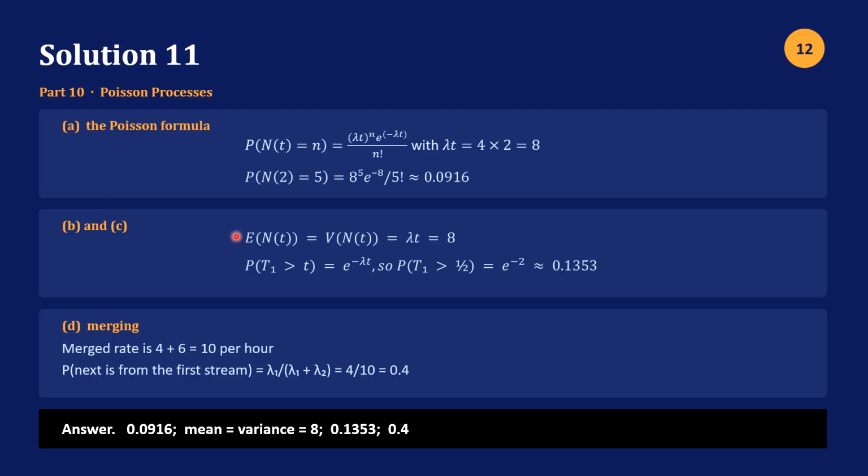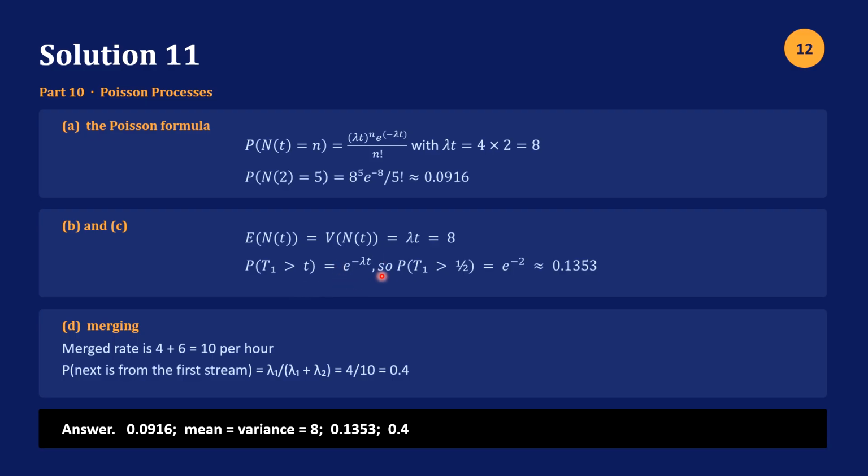Then the formula for the expected value and variance is pretty straightforward. It's just lambda t, and they happen to equal each other. So we just get 8. We proved in lesson 10 that the inter-arrival times were exponentially distributed.